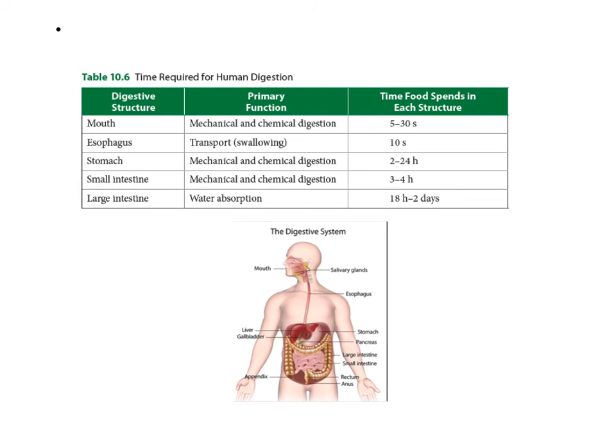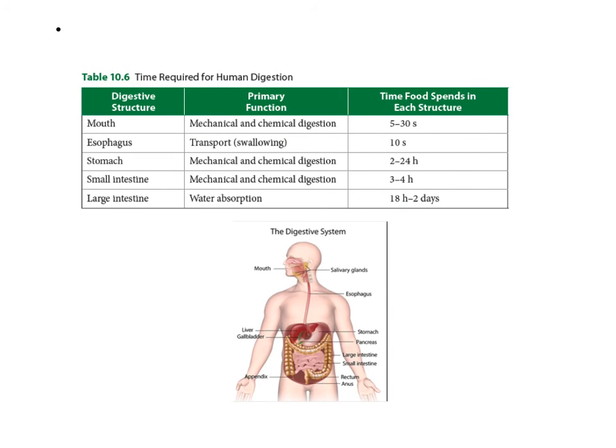All right, so now students will often ask me how much time is required for all of this food to pass through our system. So your textbook breaks this down really nicely for us. I've made a copy of the table and we'll just go through it. So mouth. Mechanical and chemical digestion takes between 5 and 30 seconds.